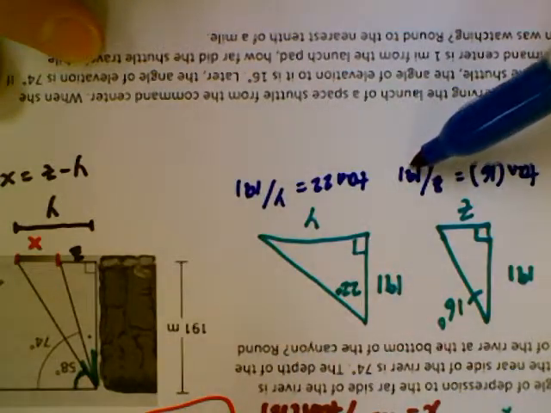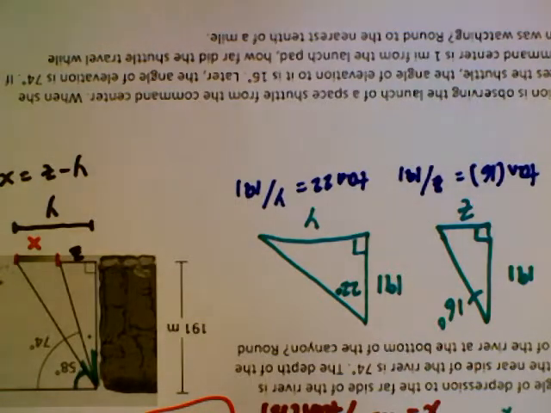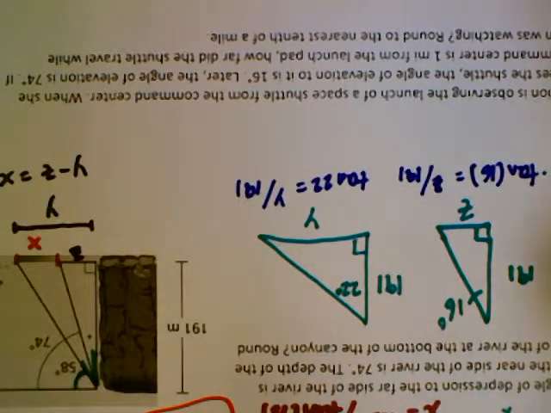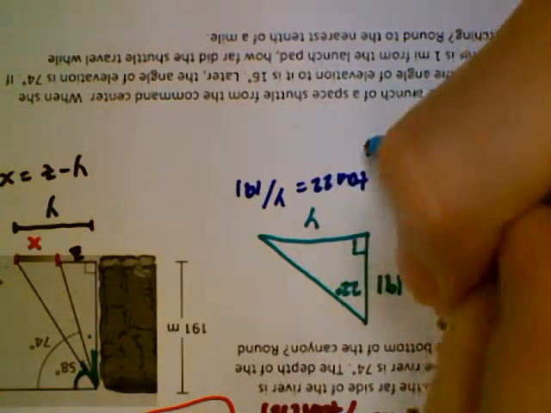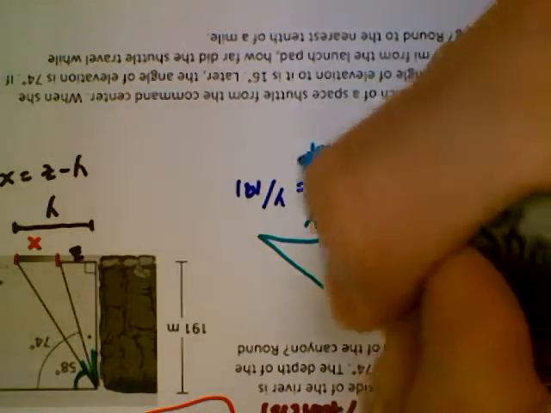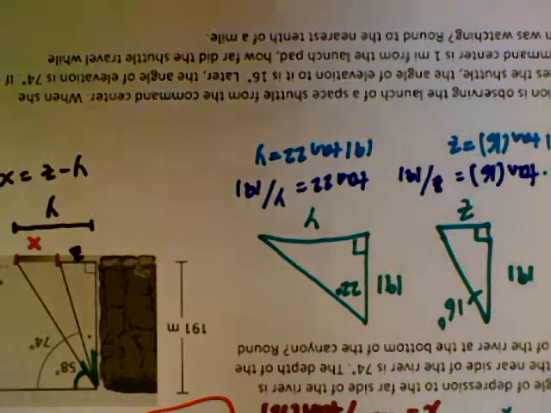Now I can multiply both sides by the denominator, 191. So this equation becomes 191 tan of 16 equals z. If I do the same thing on my other equation, 191 times the tan of 22 equals y. And I can find out what both of those numbers are.